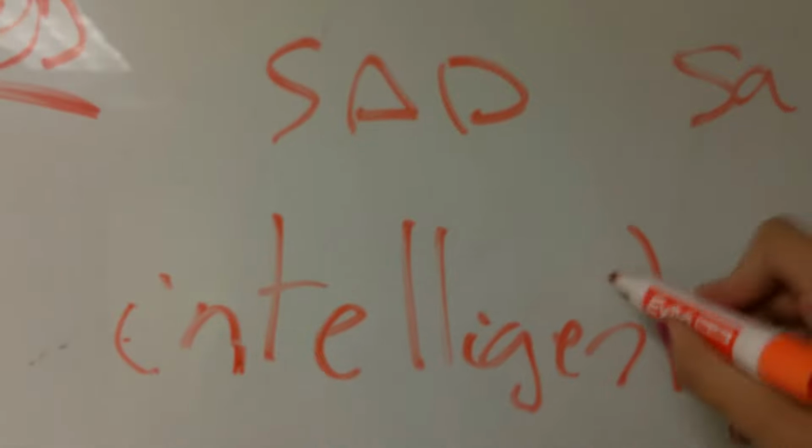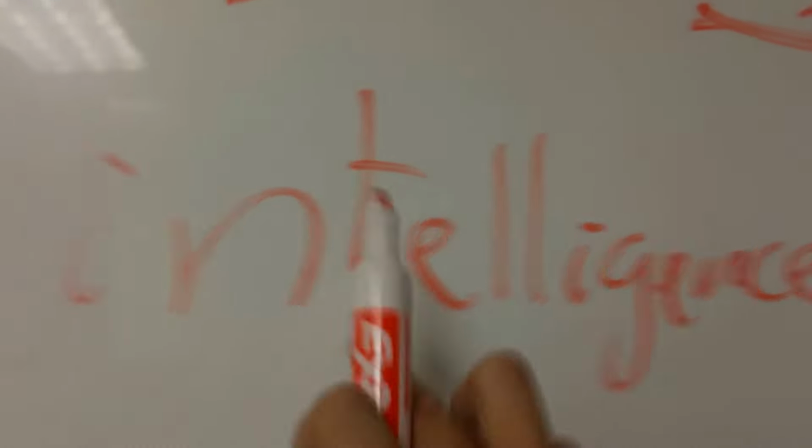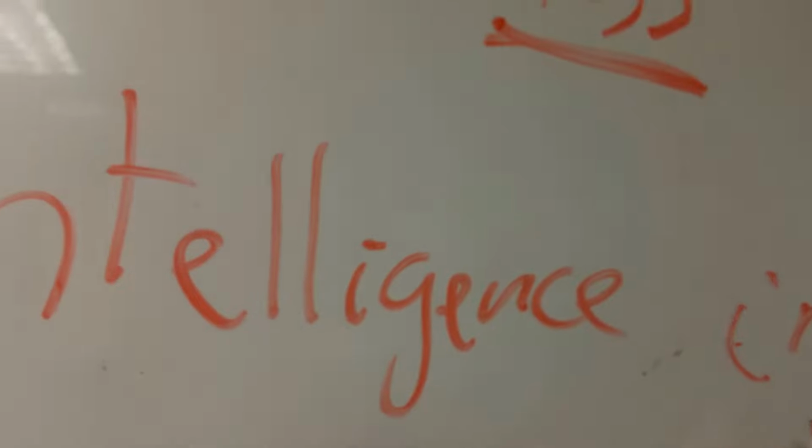Another example, adjective, intelligent. The girl was intelligent. Through the elaborate vocabulary of the girl, I could see her intelligence. The girl's intelligence was shown by her use of words. For instance, intelligent, now the adverb, intelligently.